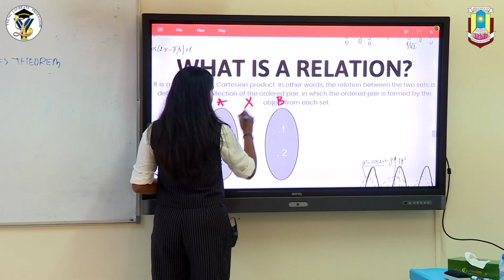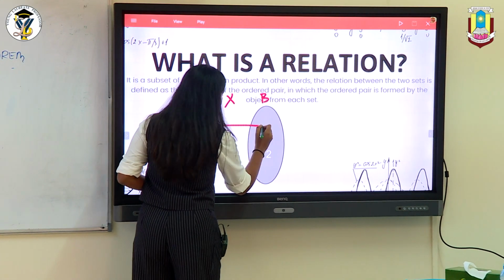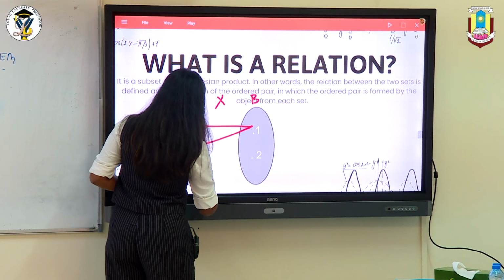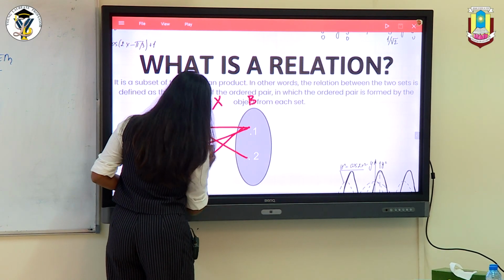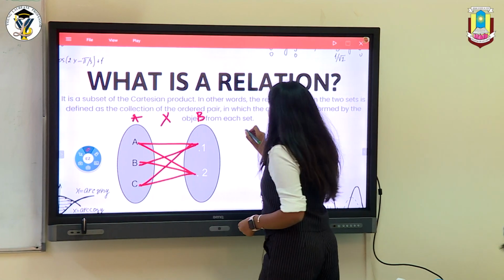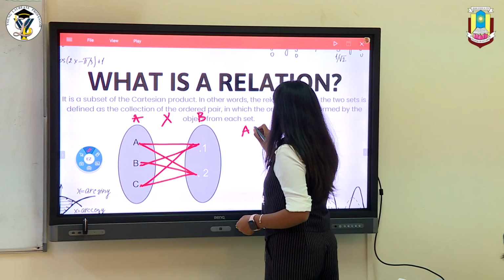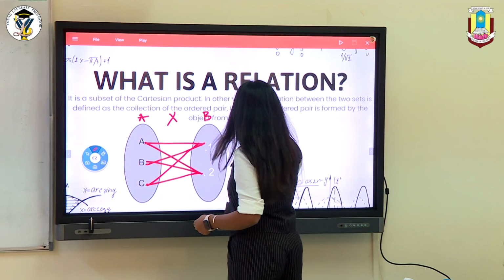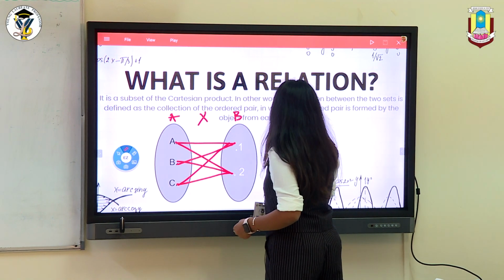So A cross B. That is, every element of A is connected to every element of B. That gives you another set. Let's take it as C.